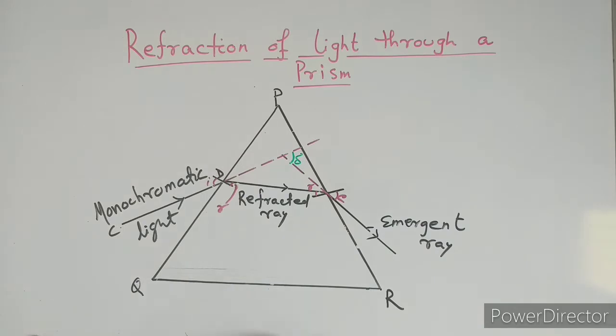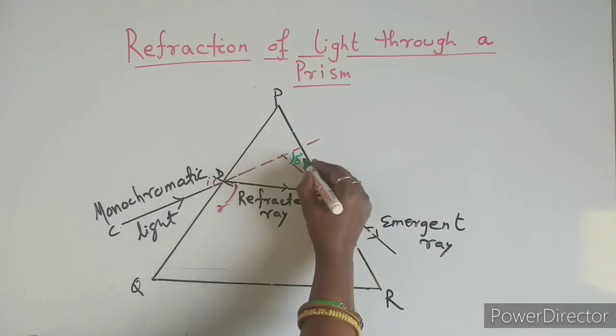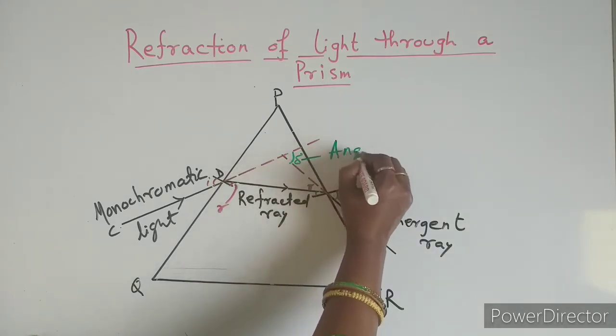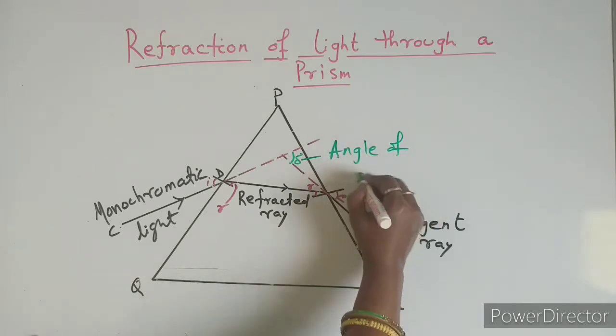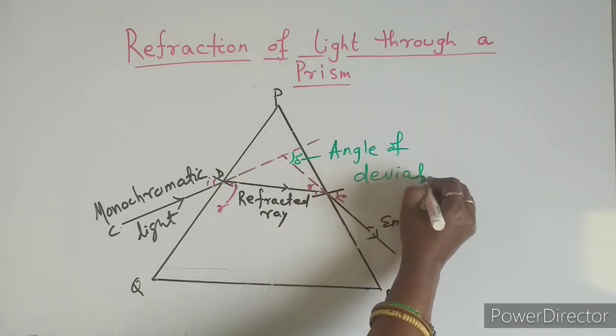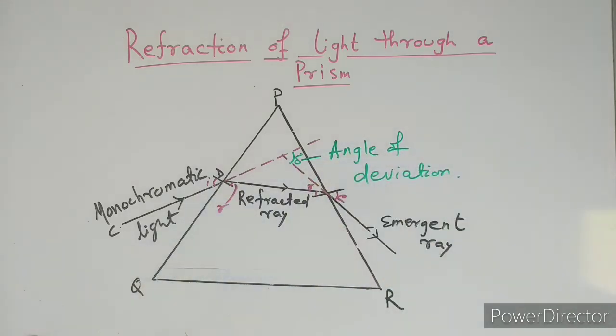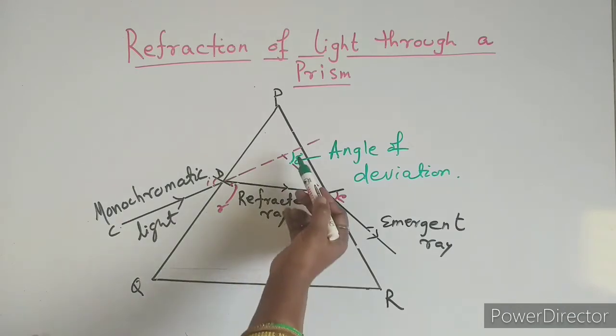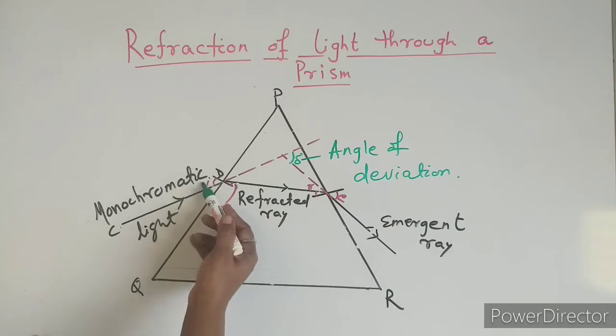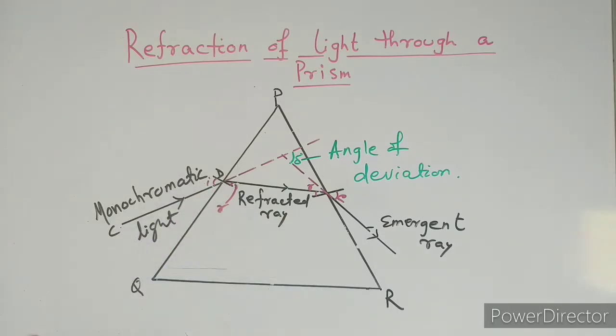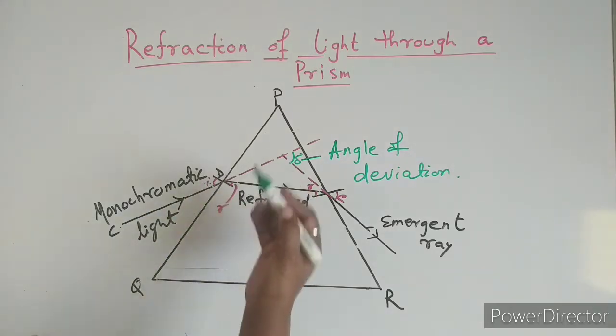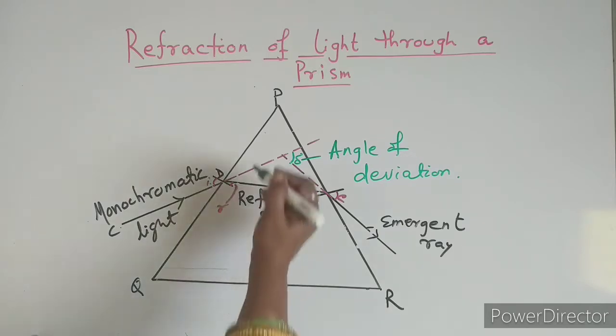This deviation is represented by delta. This is known as the angle of deviation. This angle of deviation varies depending upon the angle of incidence and other things.